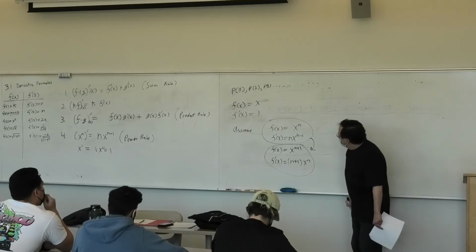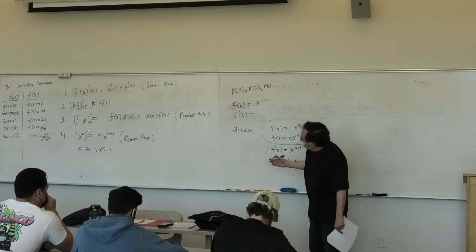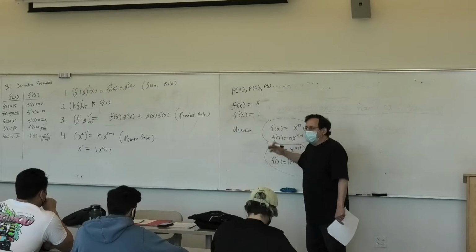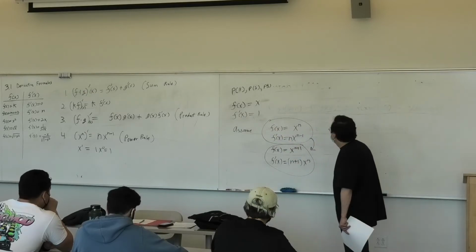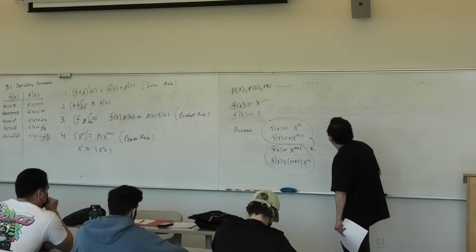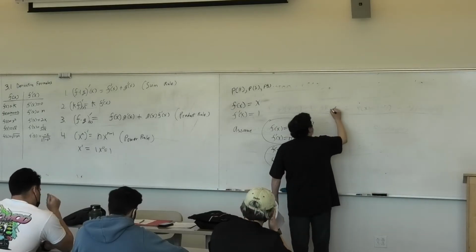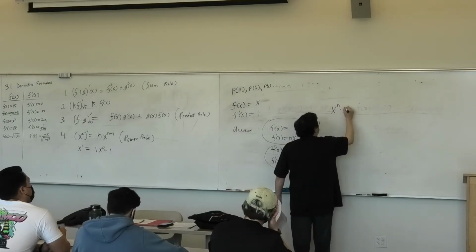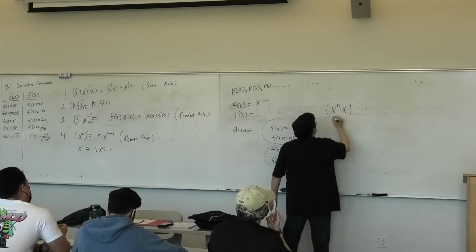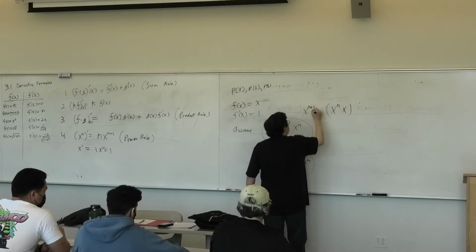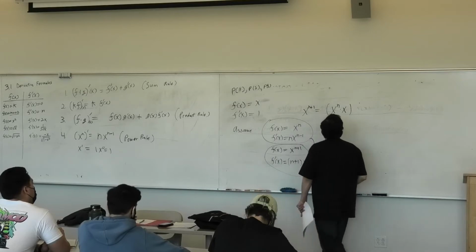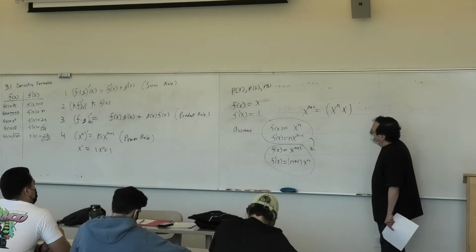Well, thank goodness we have our product rule. So what we're going to do is find the derivative of x to the n times x. Right? That's x to the n plus 1. So let's find the derivative of this.